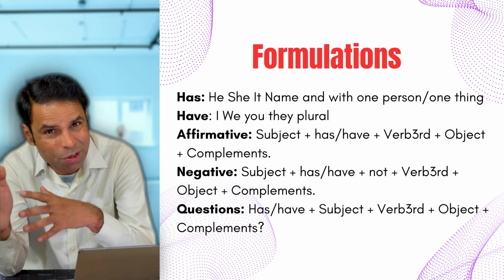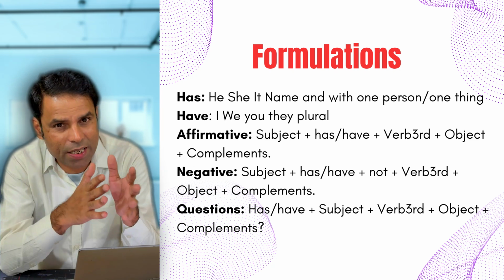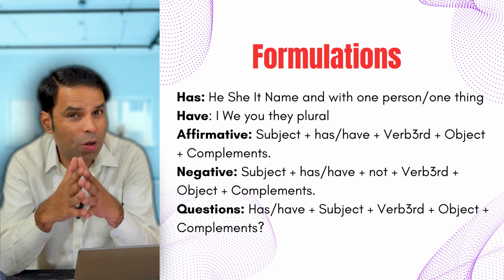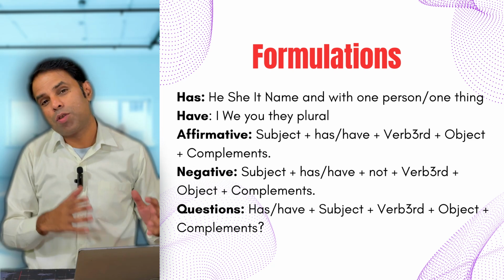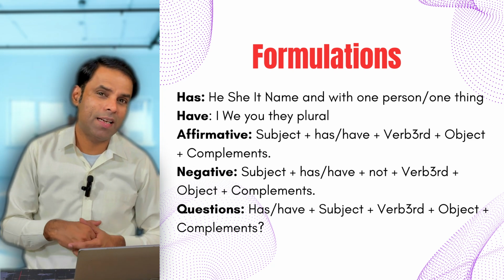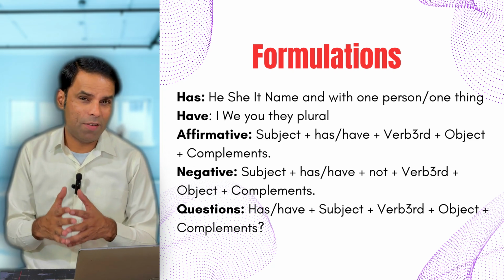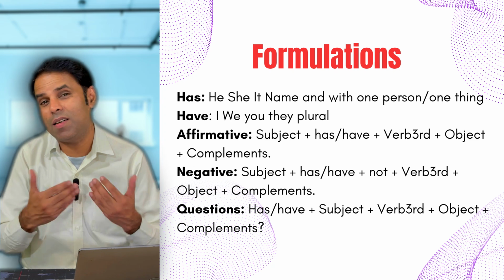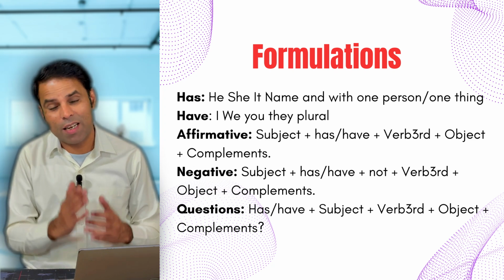Now has is used with he, she, it, or any name, or with one person or one thing. So he has, she has, it has, Rahul has, Neha has, my father has, her sister has, his brother has.